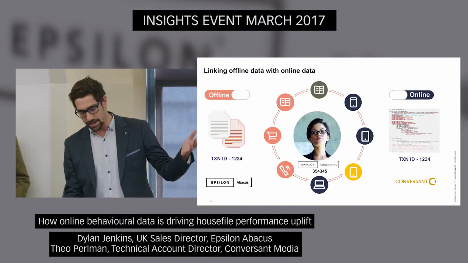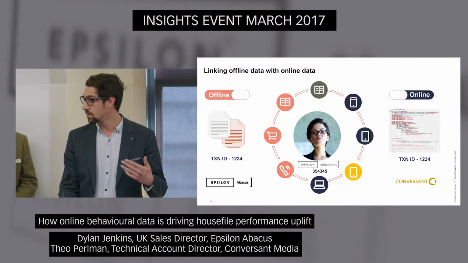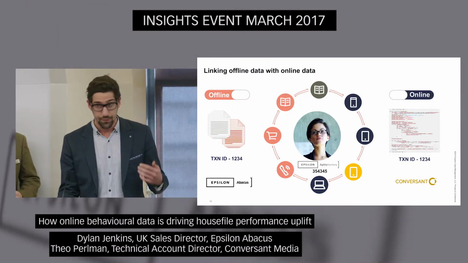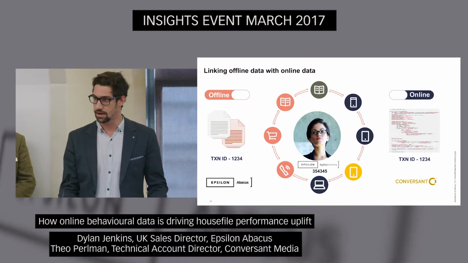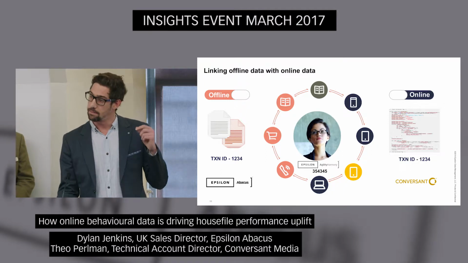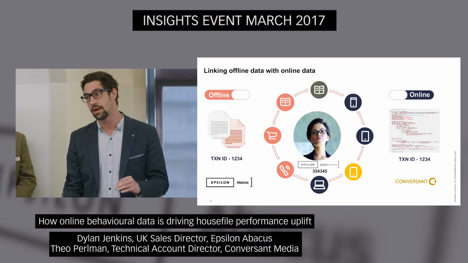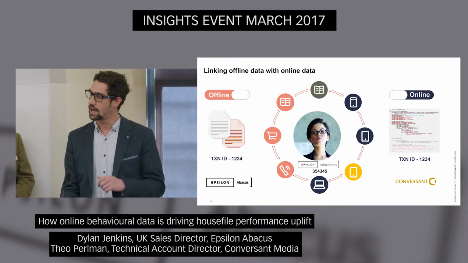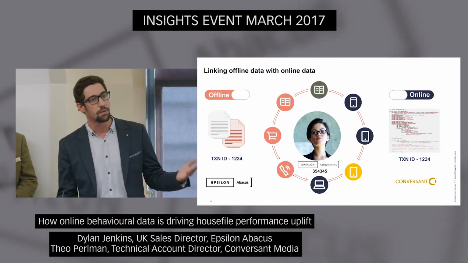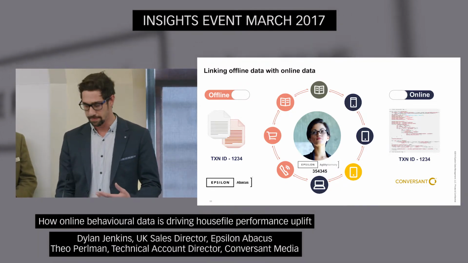So the online data is basically tagging your site to see how your customers interact and browse your site. So it's things like what categories do they visit, how far in the site funnel did they go, and most importantly, we need to be able to collect transaction data, because it's that transaction ID that is the vital part to get us to be able to link the offline information that we have, the knowns that you already know about your customers, to the unknowns, which is how they interact with your site and what they're doing there.